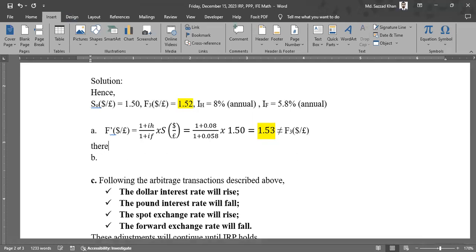Therefore, IRP doesn't hold, which means there is an interest arbitrage opportunity.